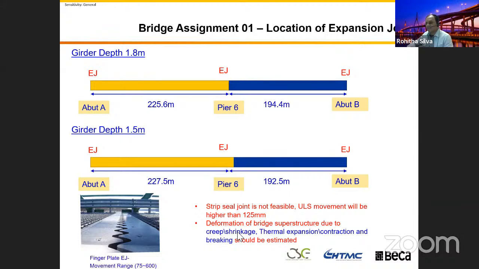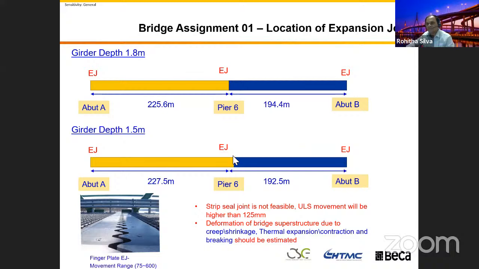Yeah, and I mentioned here the way you're going to calculate this one. Deformation of the bridge using creep shrinkage. I think if you're using a Euro code, you can calculate the creep shrinkage. You remember I gave you an example last time. The creep shrinkage calculation, you cast your bridge deck, right? You loaded everything. When you are setting the expansion joint, this sort of bridge construction will take about 1.5 years.